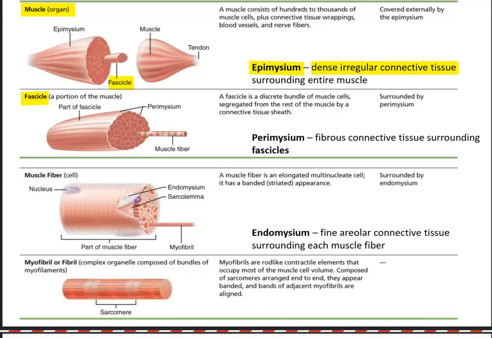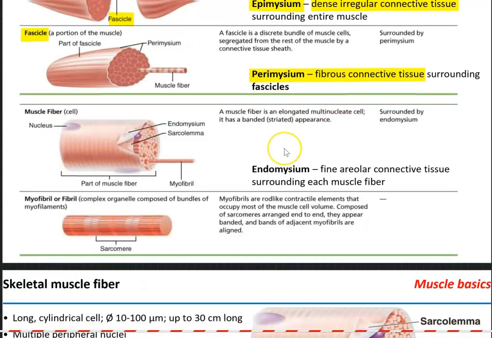Every fascicle is surrounded by the fibrous connective tissue called perimysium. Still dense connective tissue. When we look inside the fascicle, we're going to find many muscle fibers, individual cells.